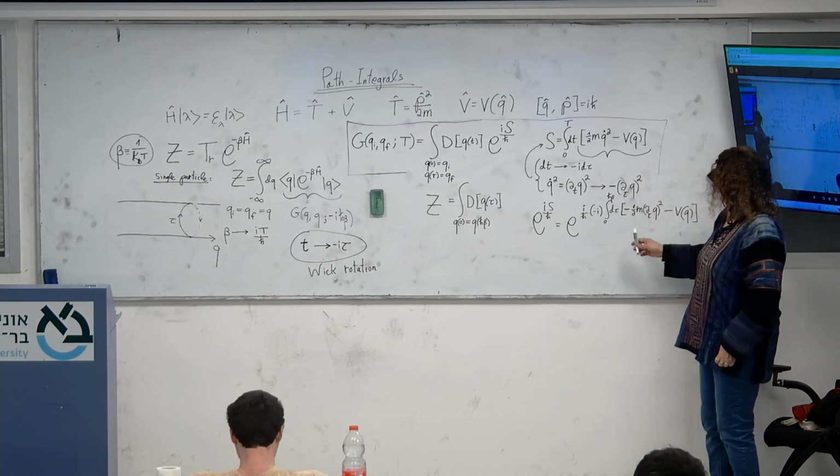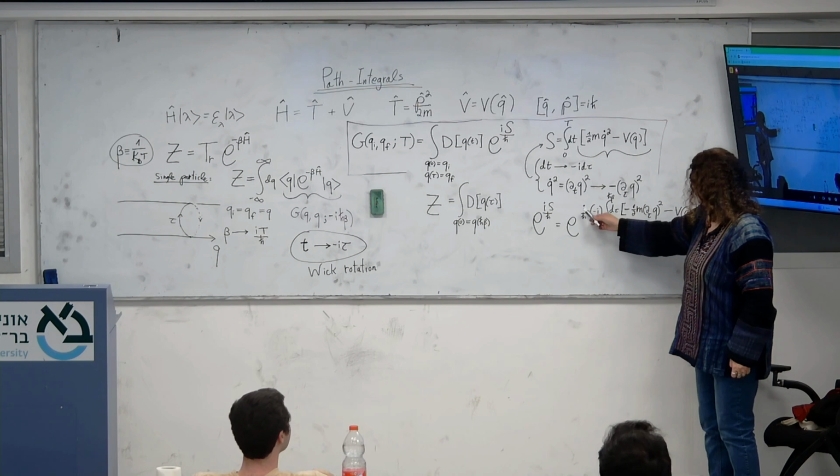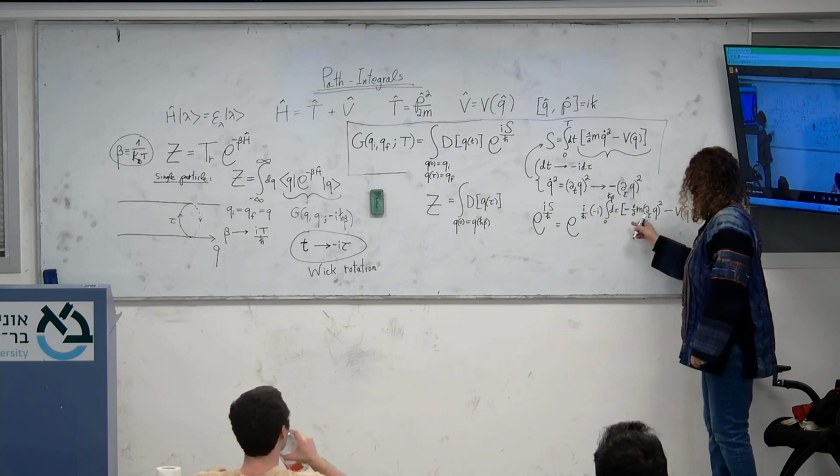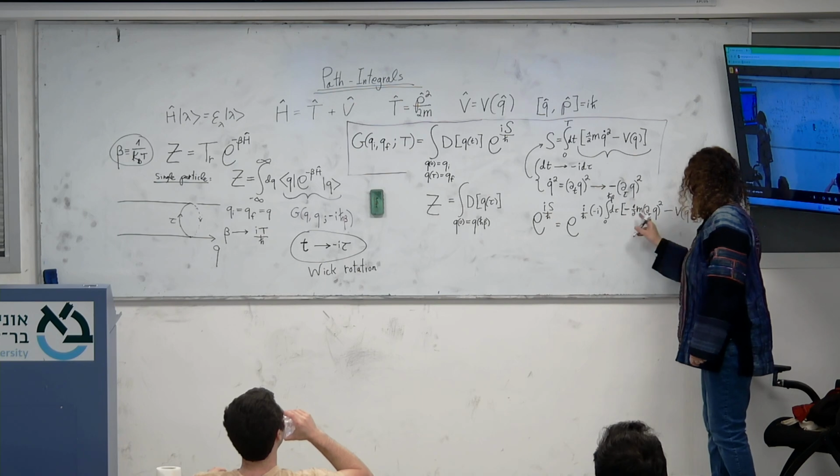Okay? Now, notice the following. So, i times minus i is just 1. But here, both terms appear with a minus sign.